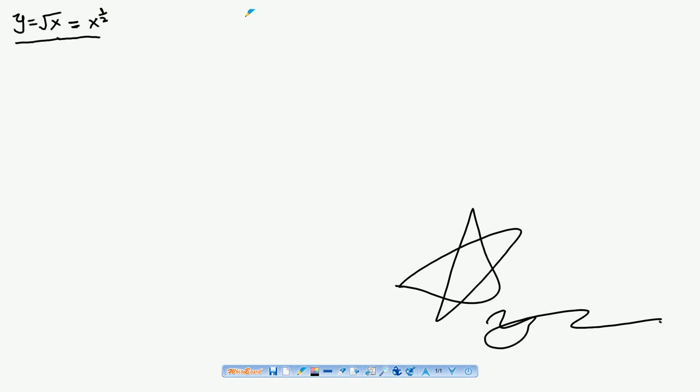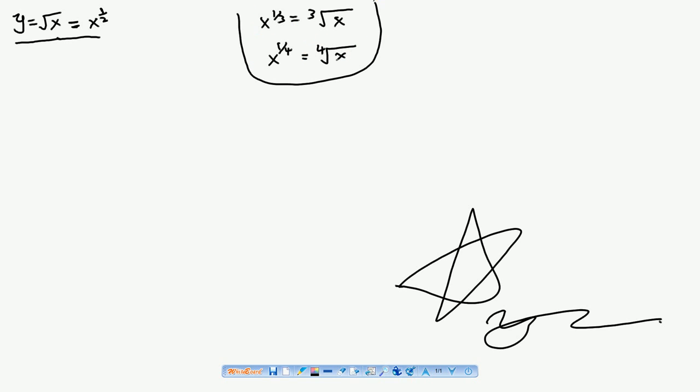Similarly, if I have x to the power of 1/3, I can label it as the cubic root of x. If I have x to the power of 1/4, I can label it as something like this. They are the same thing.